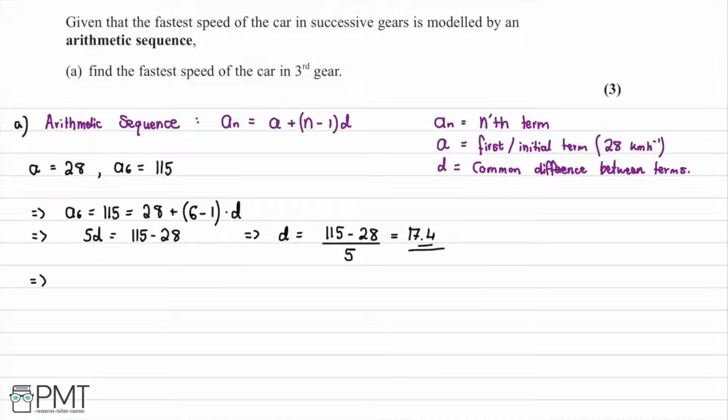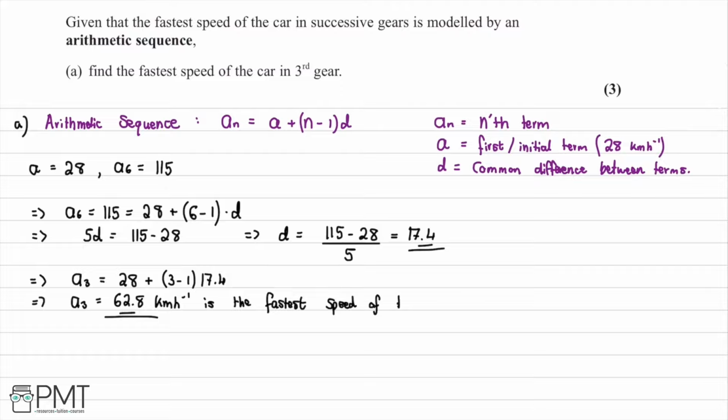So we'll have that a3 is going to be equal to a, which is 28, plus (3 minus 1) multiplied by 17.4, and putting this into our calculator, we therefore have that a3 is going to be equal to 62.8 kilometers per hour. So we can write a statement that 62.8 kilometers per hour is the fastest speed of the car in third gear.